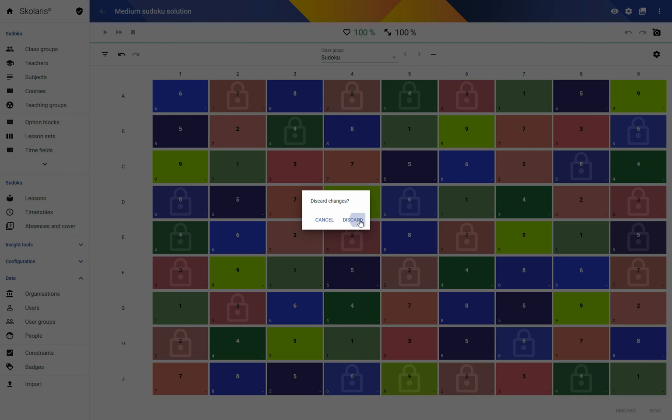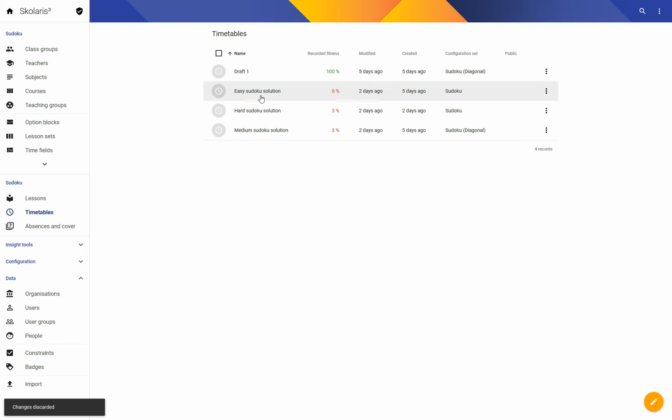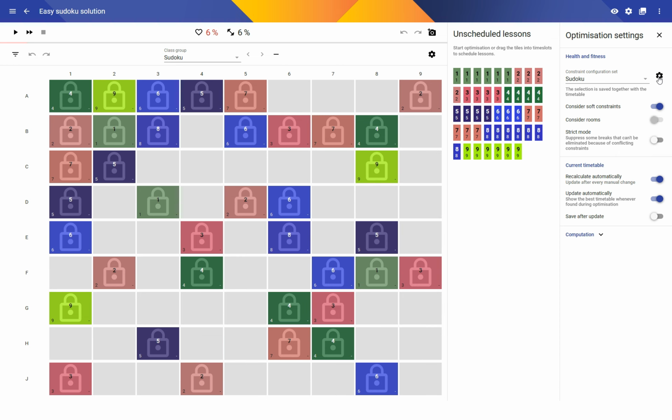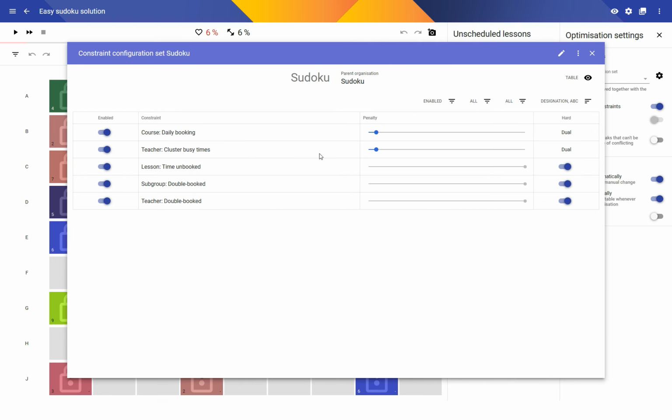Now, discard these changes and go to that easy Sudoku solution first. This Sudoku is from the actual real Sudoku source, which does not use the diagonal rules. So I have created a constraint configuration set called Sudoku, in which there are only 5 constraints turned on, and the teacher limit busy times is not among them.